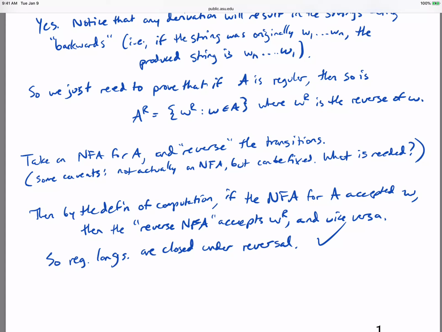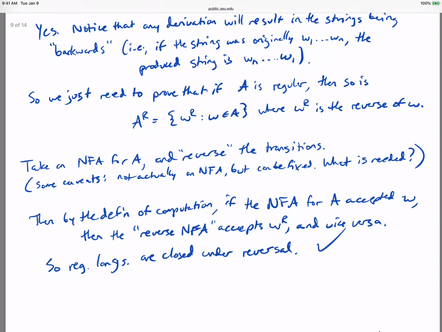So if you flip all the strings around, you just go the backwards way through the NFA. There's a little work to do, but it's essentially that. So then we have an NFA for the reversal language, and then we're done. Another way you can prove this is by looking at a regex for the language, and then just looking at each of the 6 types of rules, and then flipping the right-hand side backwards. And then you're done, pretty much.